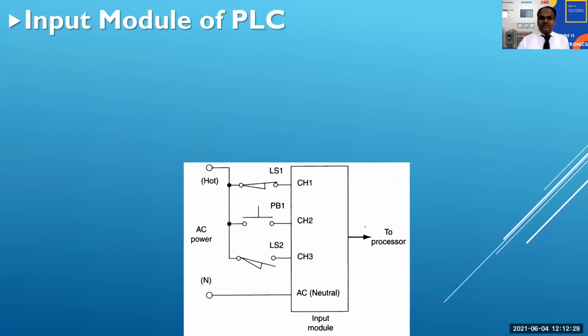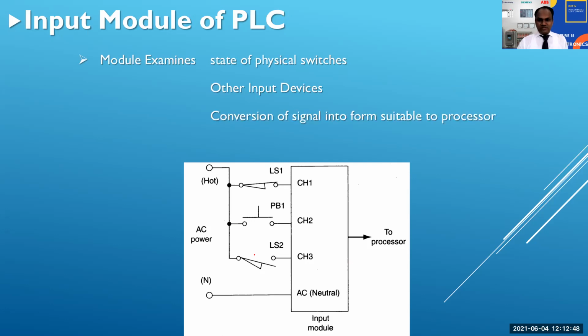Input modules are, for example, limit switch 1, push button 1, limit switch 2, etc. These will be the input modules of PLC. The module examines the state of physical switches and other input devices, and converts the signal into a form which is suitable to the processor.